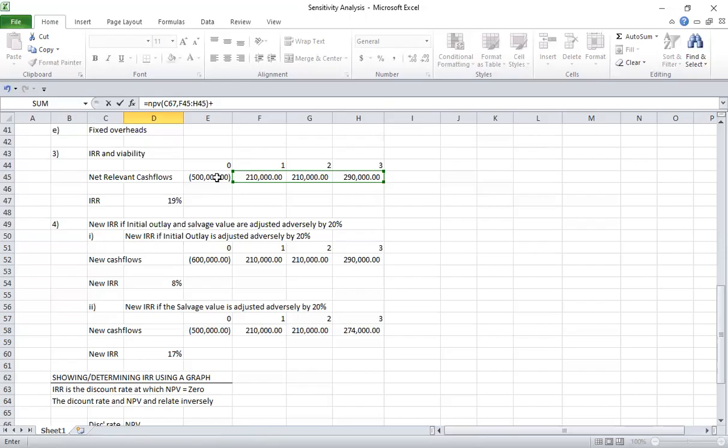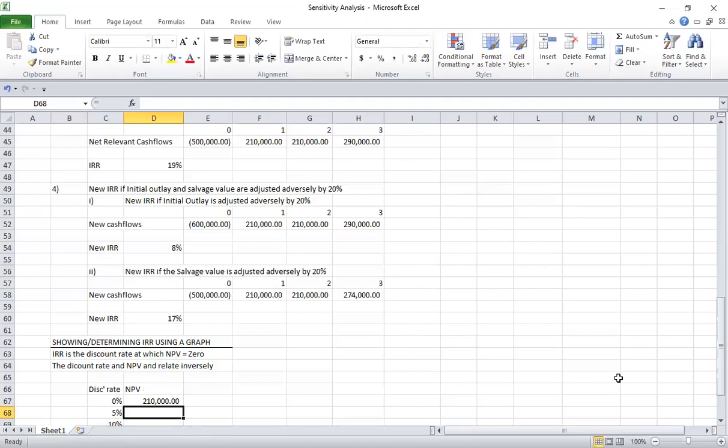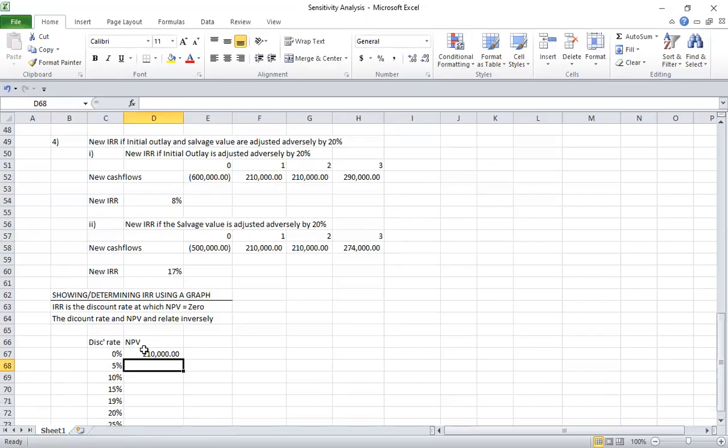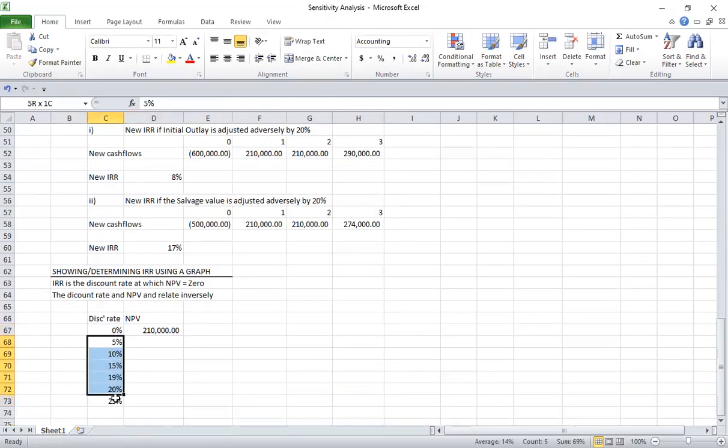So work with the original cash flows, the ones that we used to compute this 19% IRR. So that if the discount rate is 0%, then our NPV is 210,000 shillings.